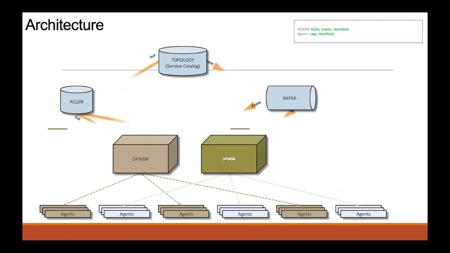So DB polls these source of truth at regular intervals, downloads the rules, generates them, and distributes them to the agent. We also have Kafka sitting there. That is primarily used for two purposes: for listening to environmental change events, and also to publish the log events from the agents to a centralized place.